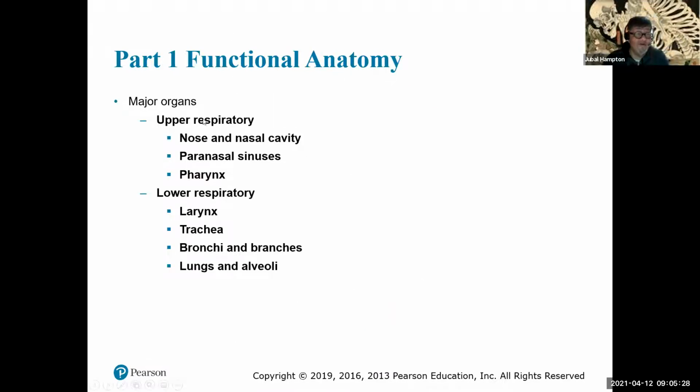So the upper respiratory system, we have the nose, the nasal cavity, and the paranasal sinuses. Remember that we have the maxillary sinus, frontal sinus, ethmoid sinus, and the sphenoid sinus.